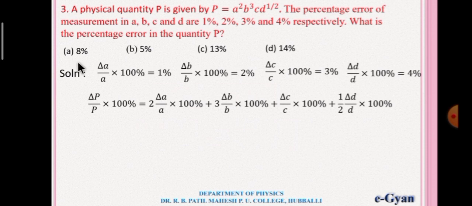Now substitute the percentage error of A, B, C and D in this equation. We get 2 into 1% plus 3 into 2% plus 3% plus 1 by 2 into 4%.